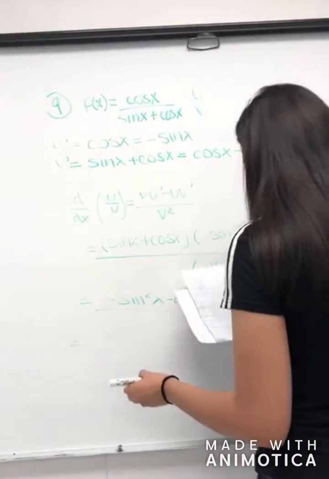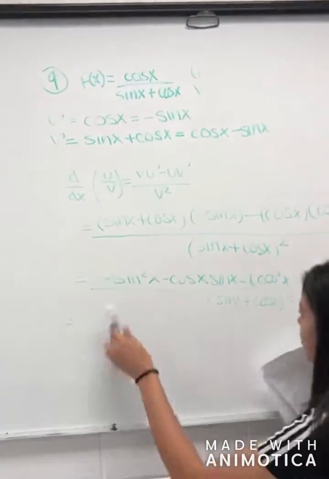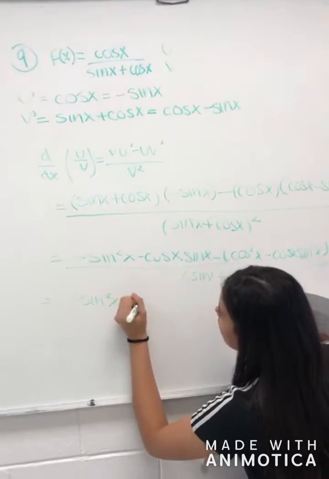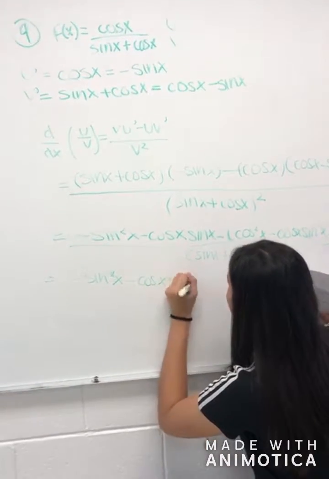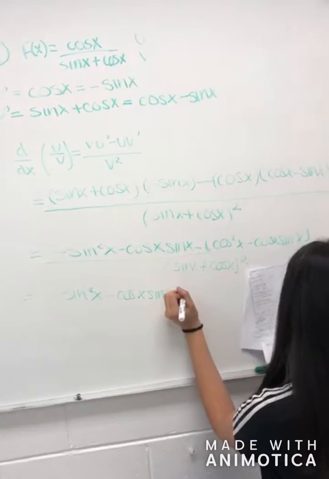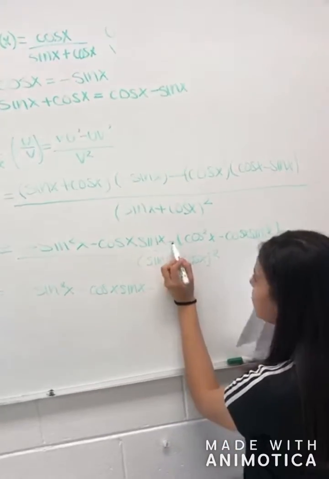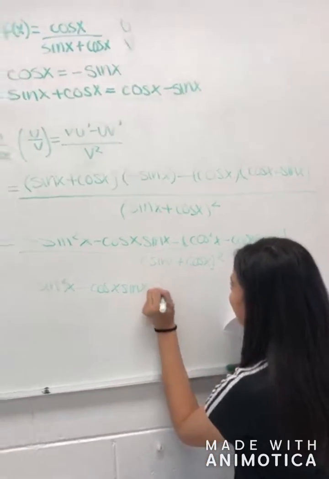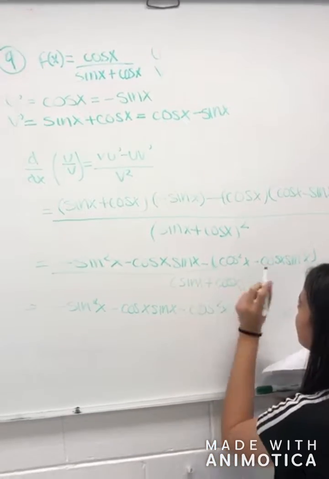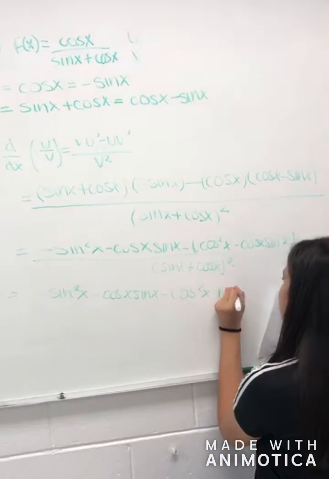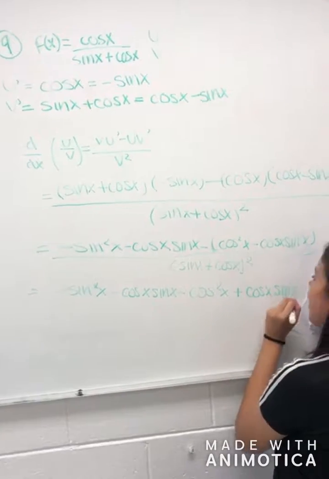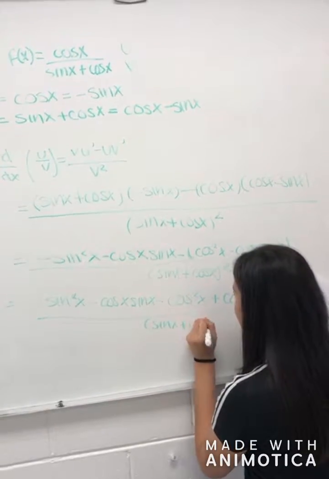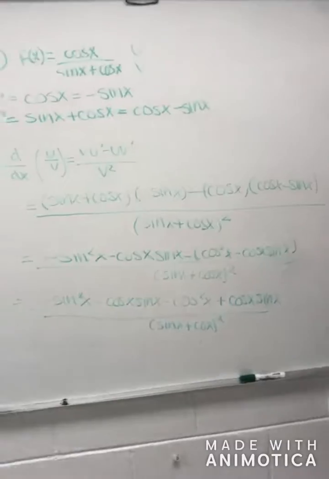And then we have to resolve this, that is minus sine 2x minus cos x sine x, minus, no, it is plus, first it is minus because minus per plus is minus, cos 2x, and then minus and minus is plus, plus cos x sine x, and then divided by sine x plus cos x all to the power of 2.